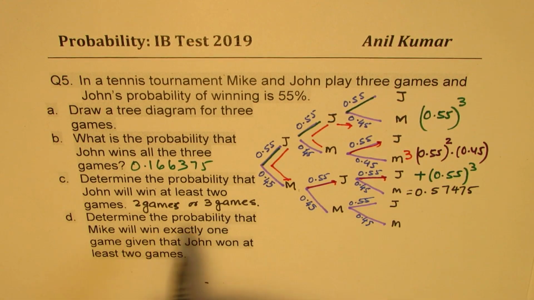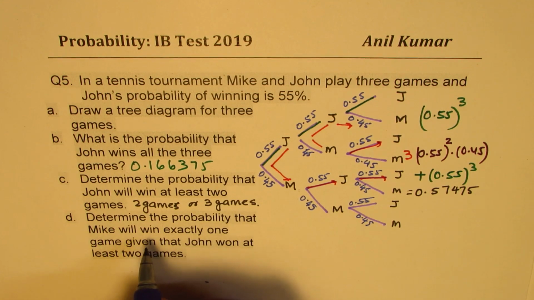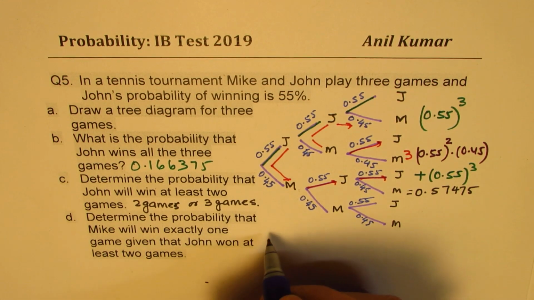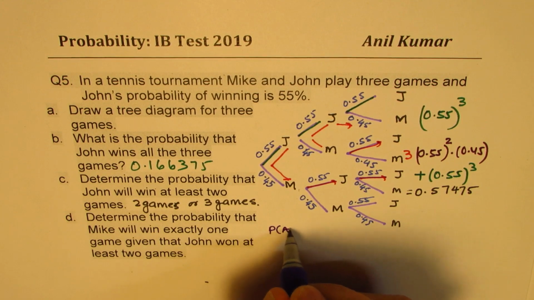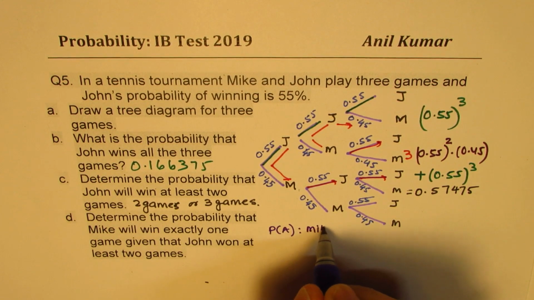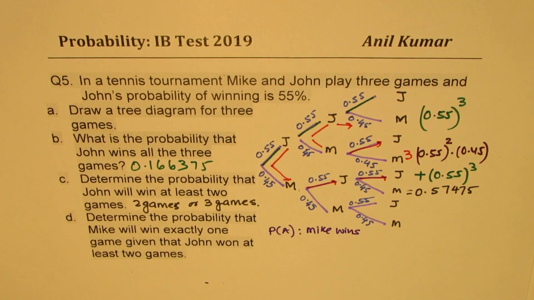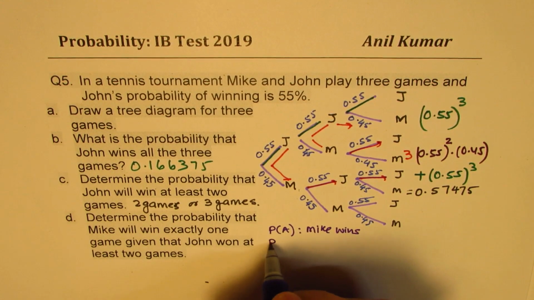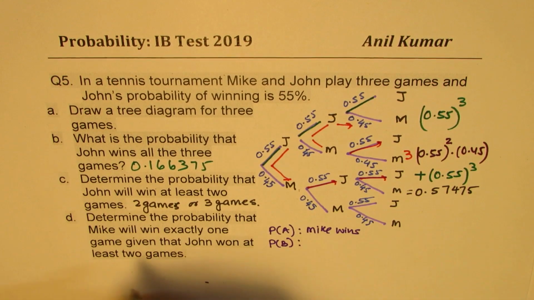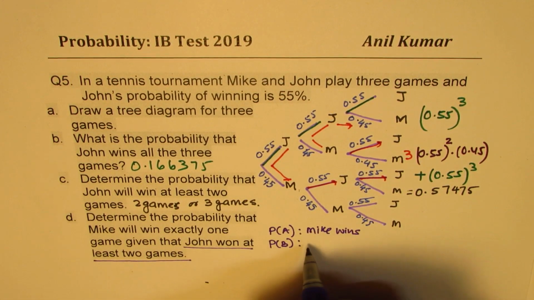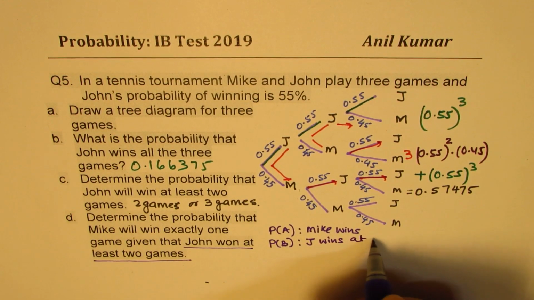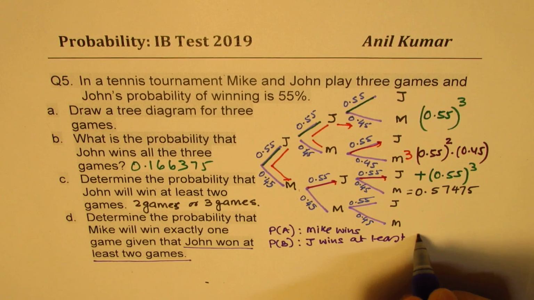Let's say the probability that Mike wins exactly one game is A, and the probability B is that John wins at least 2 games.